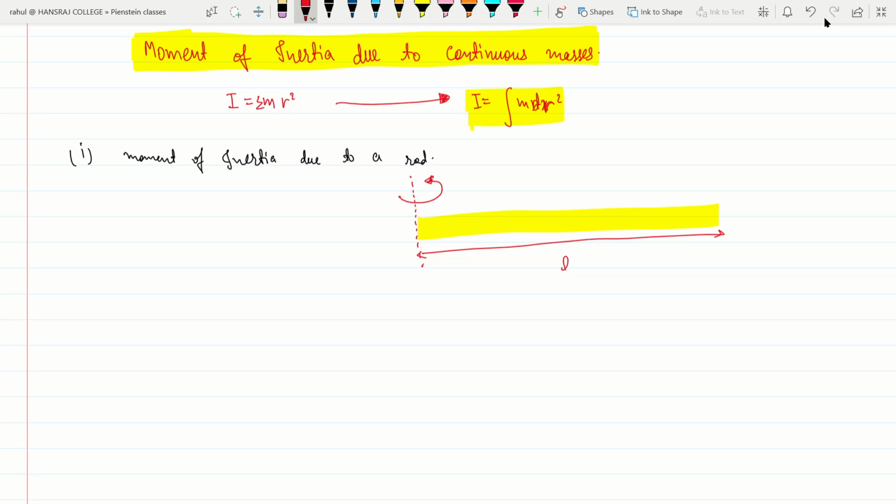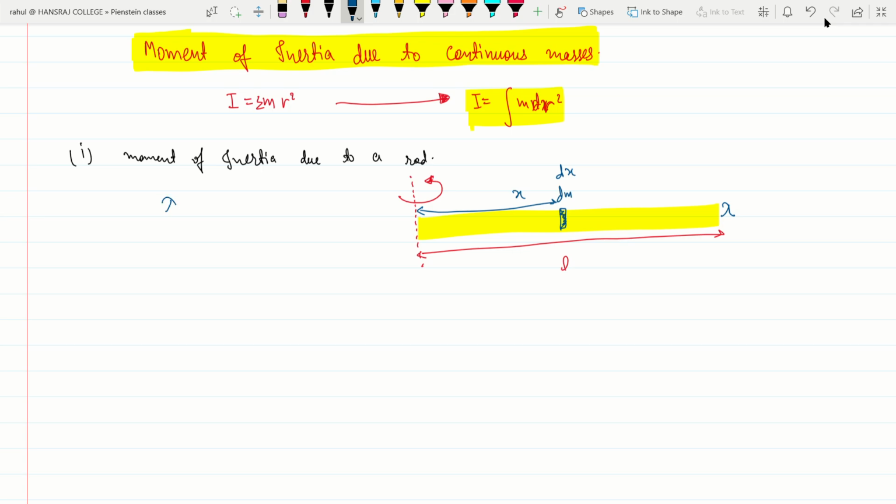Alright, so first of all, for that we will consider an elementary mass of dm of width dx, which is at a distance x from the axis of rotation. Suppose this rod has linear mass density lambda.